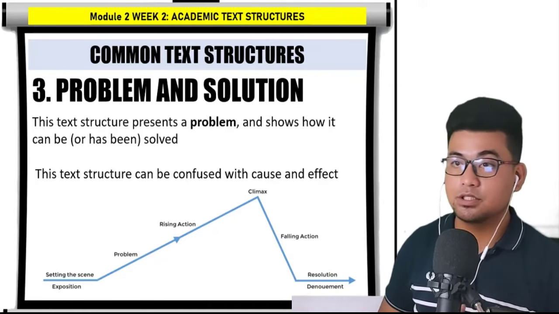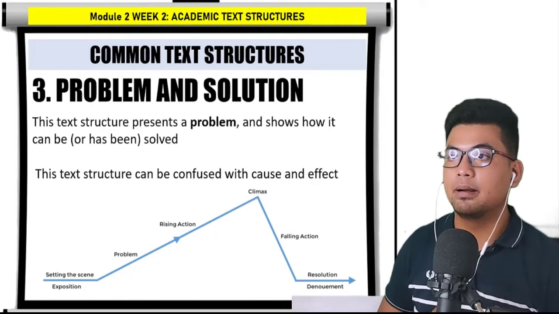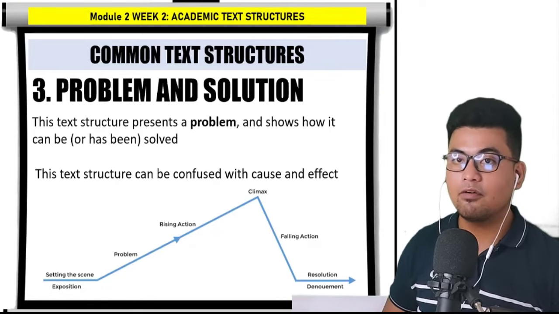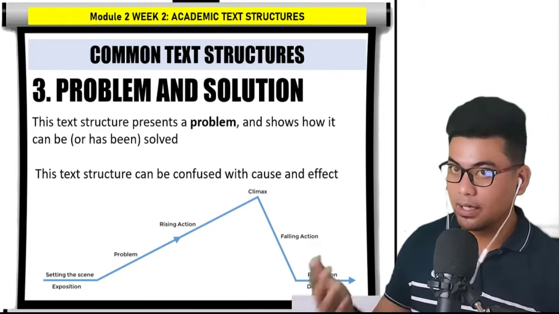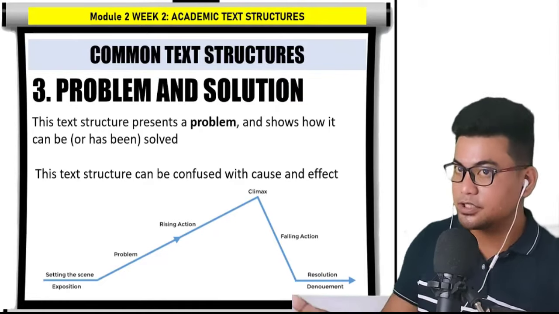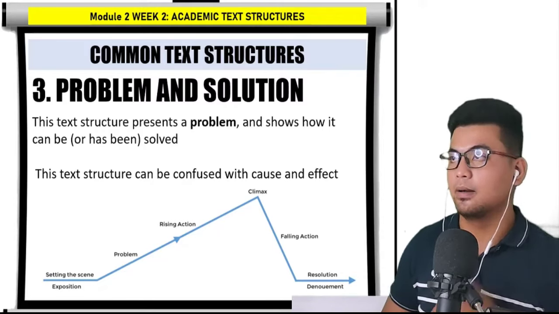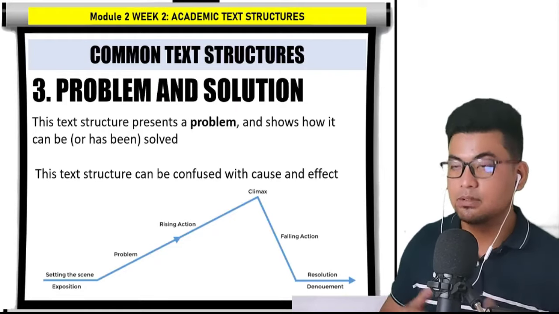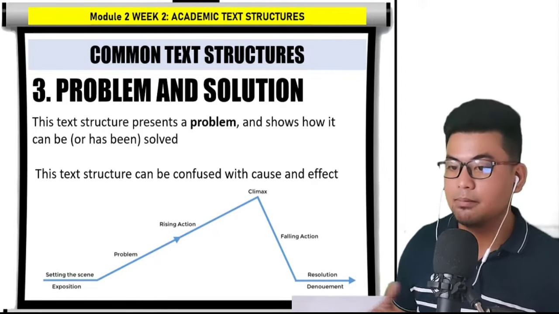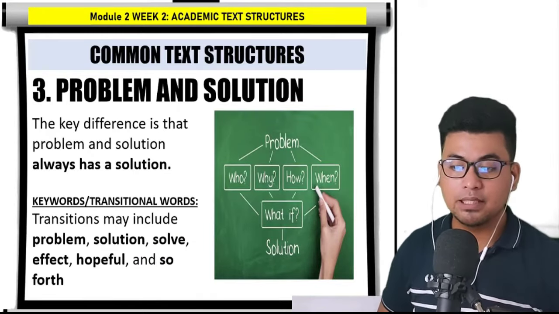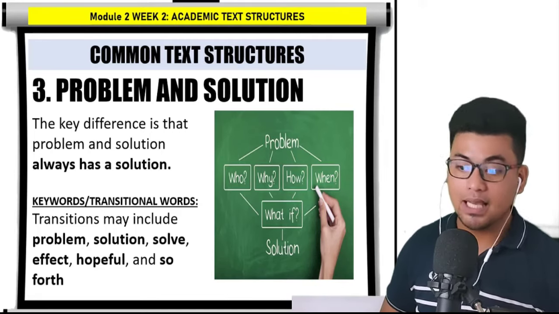The solution is the schools today are making the classes interesting by offering a lot of modalities such as online classes, modules, and others that can reach the students' interests and to remind them that in this kind of modalities, no one will be left behind. That's our school. Okay? So the problem and solution, the key difference is that problem and solution always has a solution.